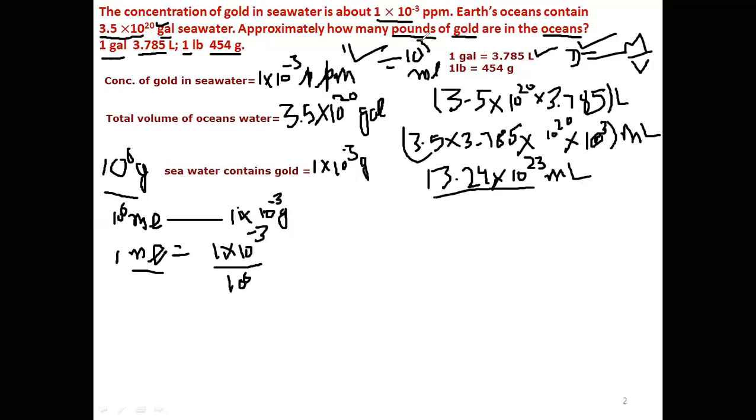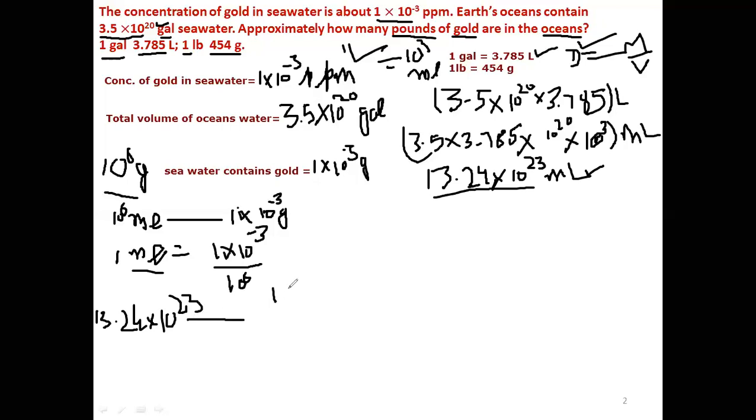Now we have to calculate the amount of gold in this much ml of water. So we will write 13.24 into 10 raised to the power 23 ml water contains gold.